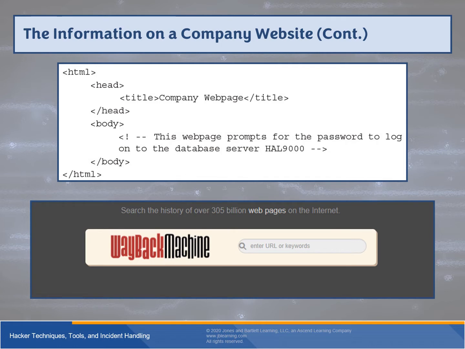So whenever you are working with HTML, if you see something with a less than symbol first, and then greater than to close it, with an exclamation point, that is an HTML comment. So we can see here, this web page prompts for the password to log on to the database server HAL 9000. So we're seeing some information about the purpose of that particular page, maybe information that should not be public.